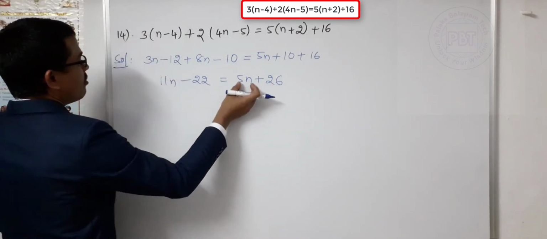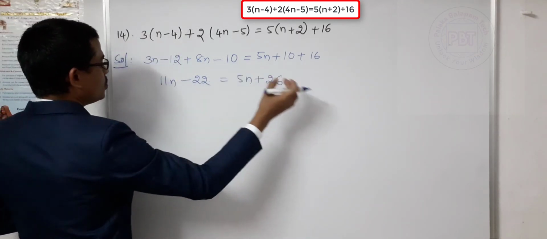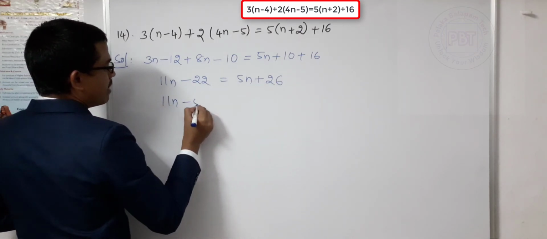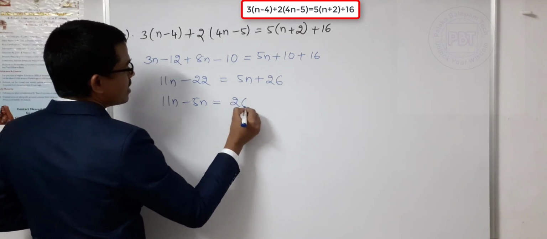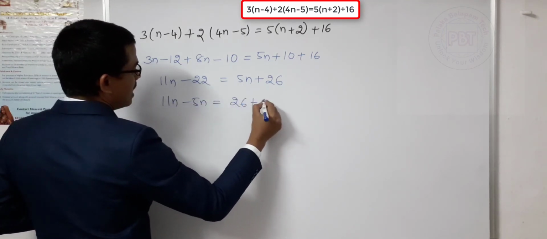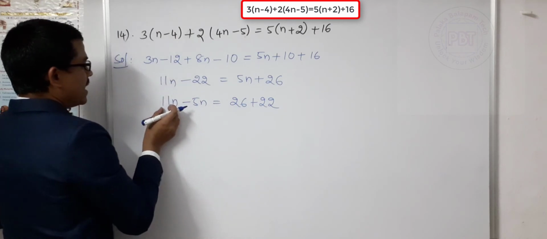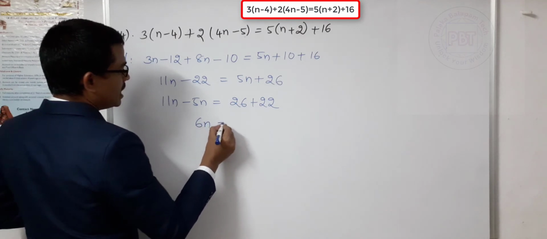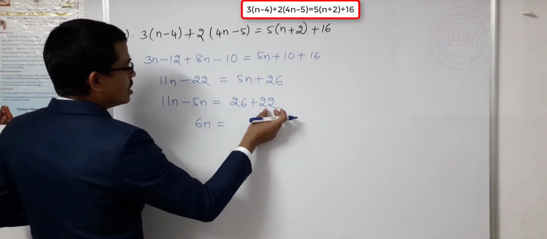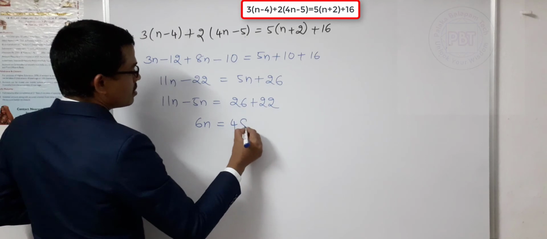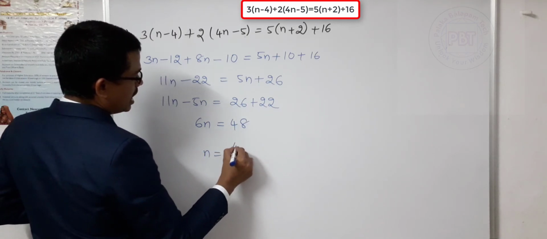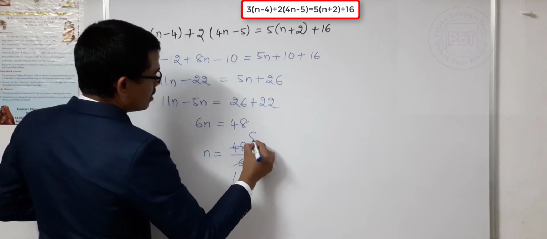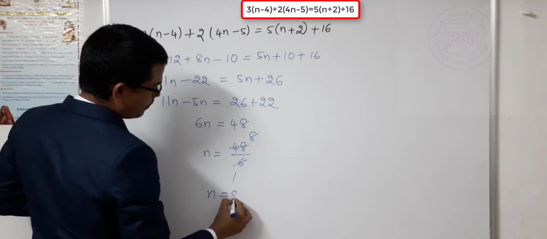Now I am transposing 5n to the left hand side, minus 22 to the right hand side. 11n plus 5n becomes minus 5n, that equal to 26, minus 22 becomes plus 22, plus 11 minus 5 is plus 6n, that equal to 26 plus 22 is 48. N equal to 48 by 6. 6 ones are 6, 6 8s are 48. Therefore n value is 8 here.